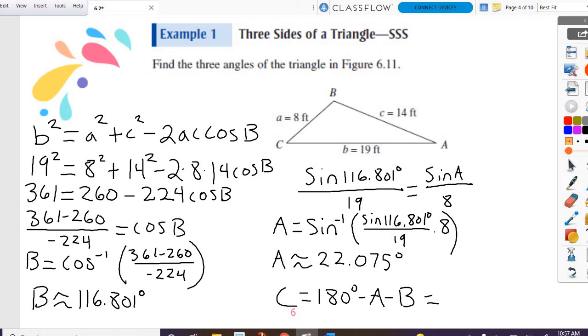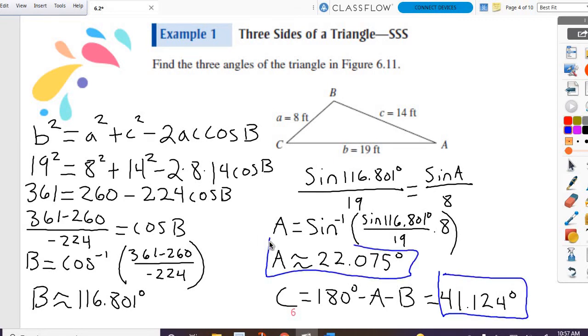I got 41.124. What did we get? 41.124. So then those would be my 3 answers.